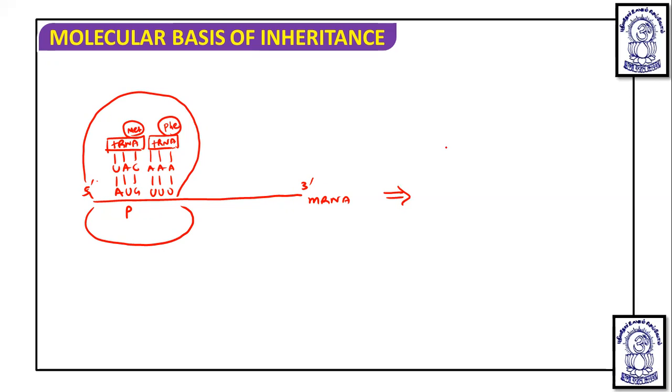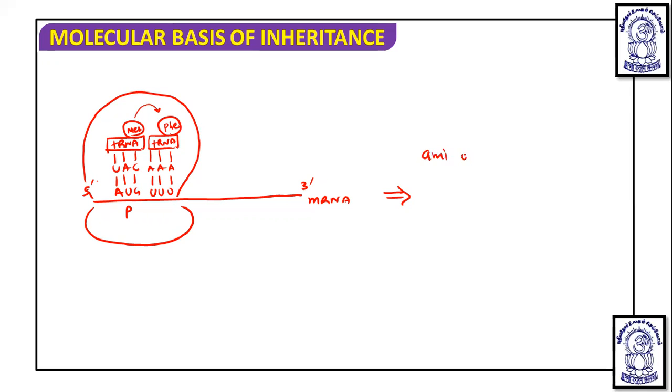Next, you will see that this methionine is shifted over to the phenylalanine. This methionine is shifted over the phenylalanine and a peptide bond is formed.